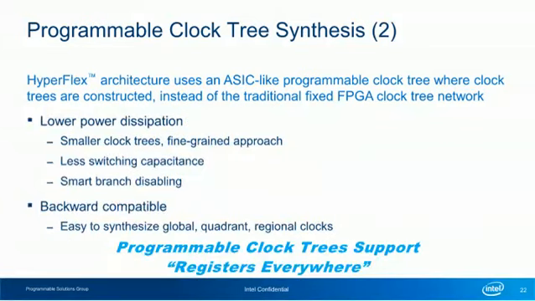Because the new clocking structure allows for smaller and more focused clock regions, you can have lower clock tree power dissipation due to less switching capacitance and branch disabling. I'll show an example of this in the next two slides. And the clock tree is backwards compatible, so if needed, the clock tree can be synthesized into true global, half-chip, and quadrant clocks to which FPGA designers are familiar.